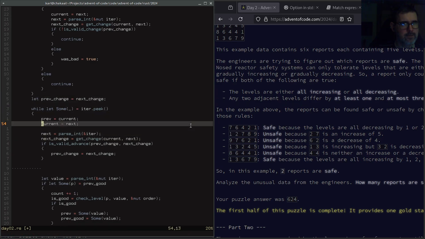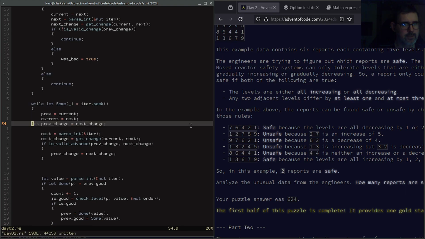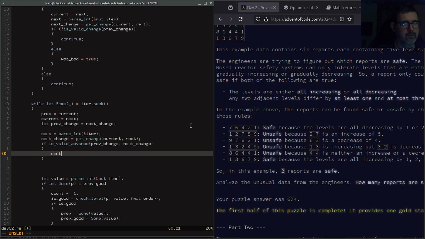In fact, yes, let's do that there. Let's set... I guess it doesn't really matter if we instantiate that. Okay.